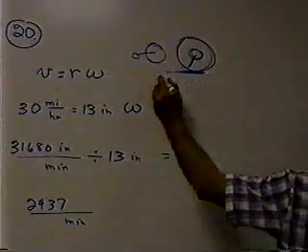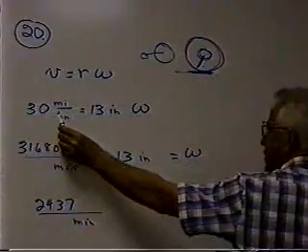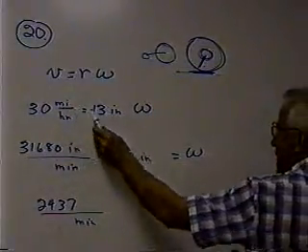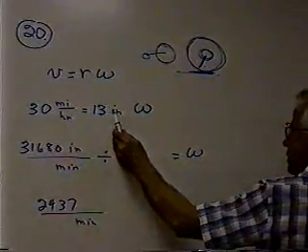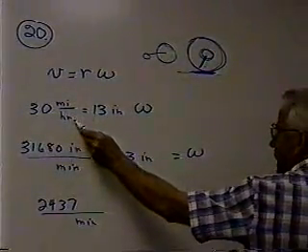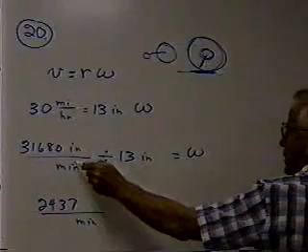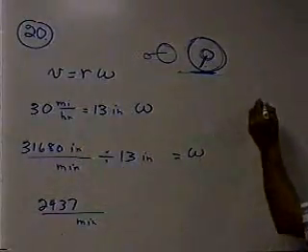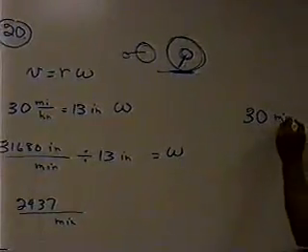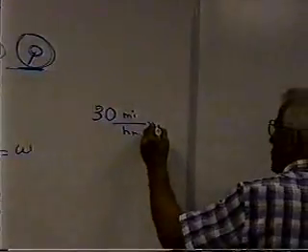Okay, we're traveling at a linear speed of 30 miles per hour. Whoa, miles, inches, okay? So what we want to do is change this miles per hour to inches per minute. So here's how we do that. We come over here and we say 30 miles per hour.